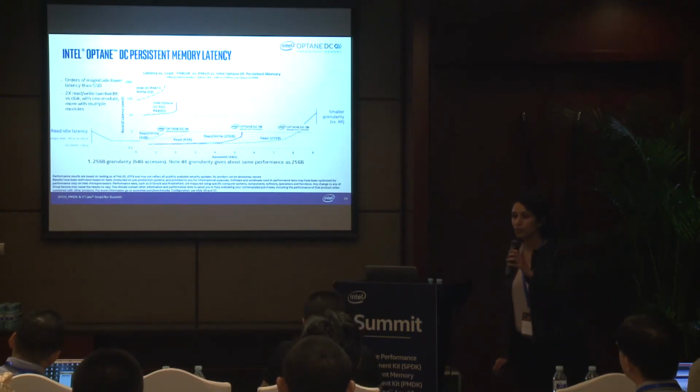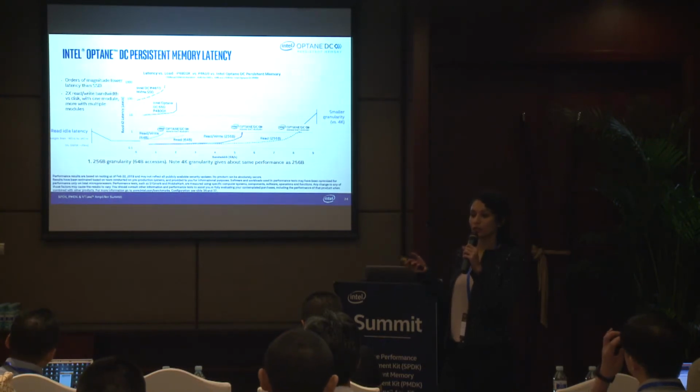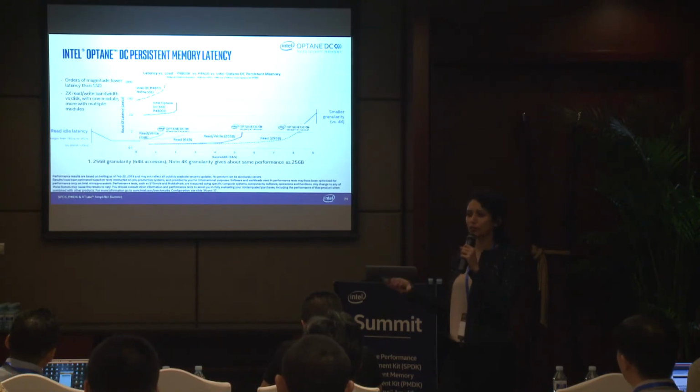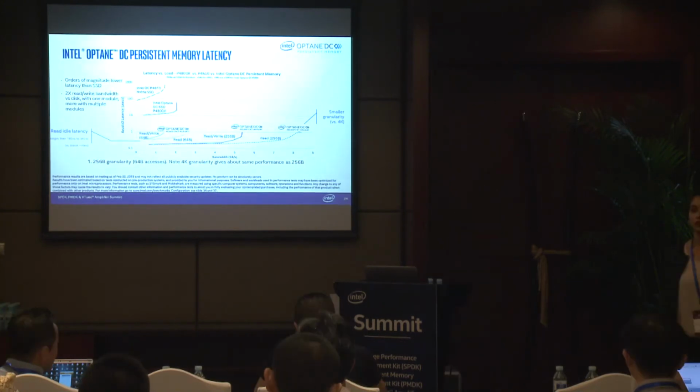So memory access in the application is if you have contiguous lines, right? That's what we're looking for. You need to have contiguous access, and that's the case with most applications. If you have sequential accesses, you're going to get better performance than random accesses. That extends to Optane DC persistent memory.